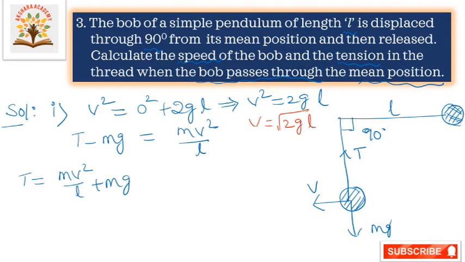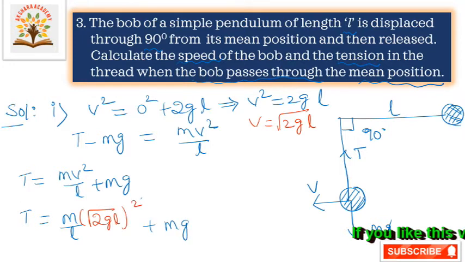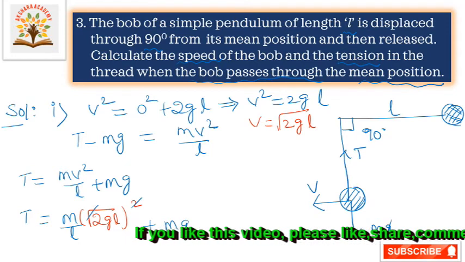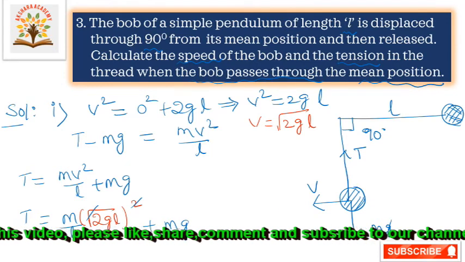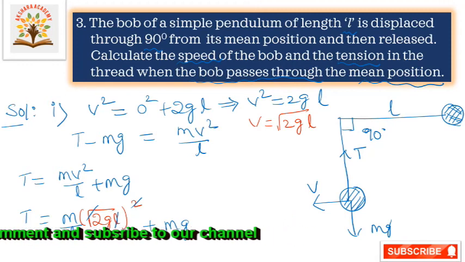So substituting this in this, here we are getting T is equal to m by L, v square nothing but root 2gl whole square, plus mg. The square root will cancel. So now again here L gets cancelled.